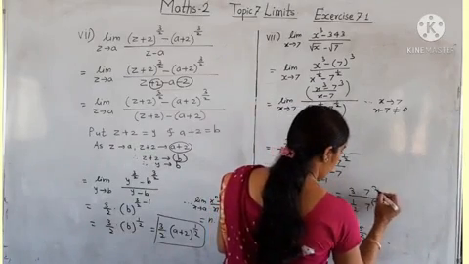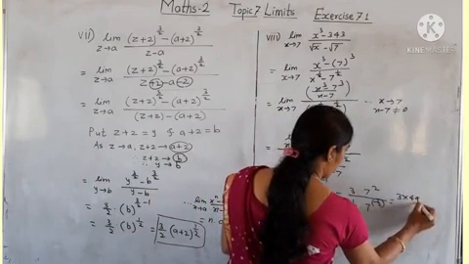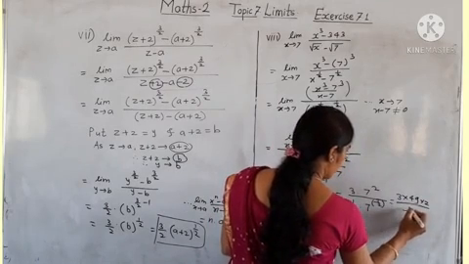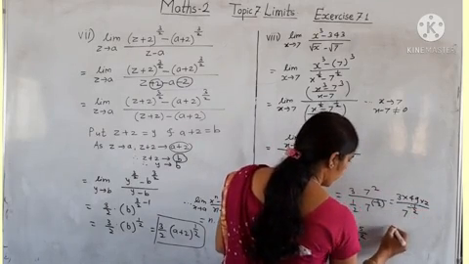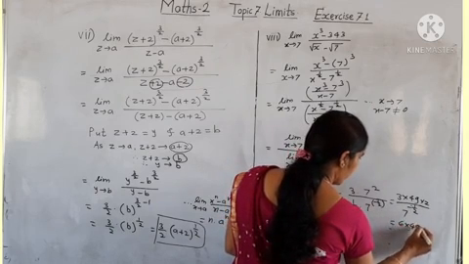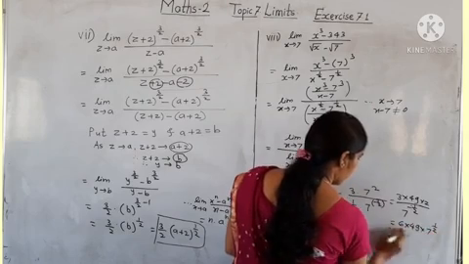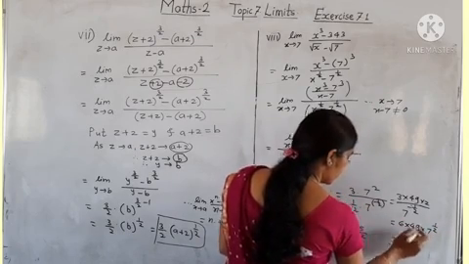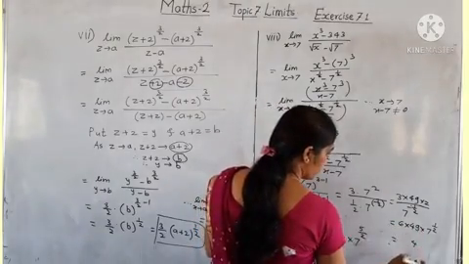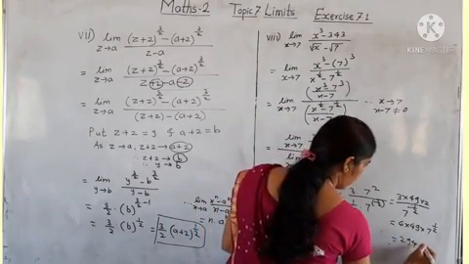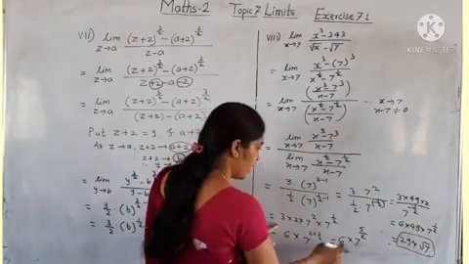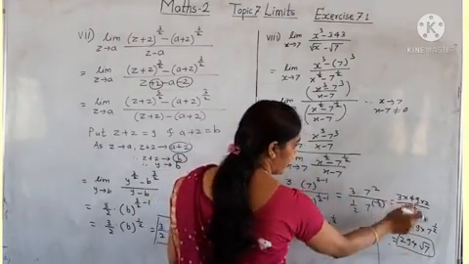Here 3 into 49 into 2 upon 7 raised to minus half is equal to 6 into 49 into 7 raised to half. 6 nines are 54, so 294 into root 7. Here you write this or you may write this.